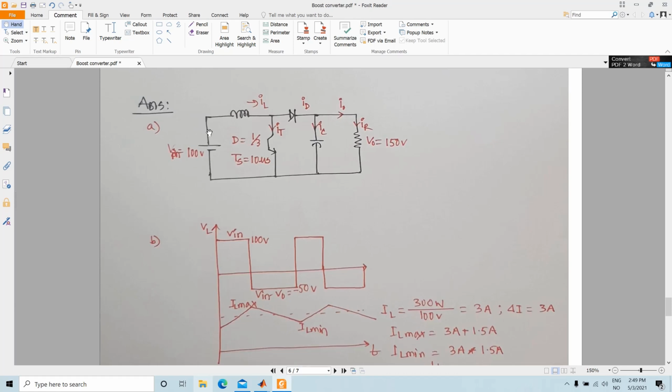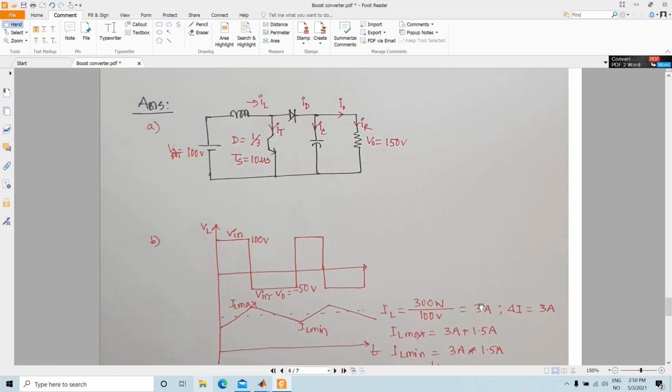If you assume that the efficiency of the system is 100%, which is not the case in real life but is close to 100%, so the input power is the same as the output power, then your input current is 300 watt divided by 100 volt, which is equal to 3 amp.